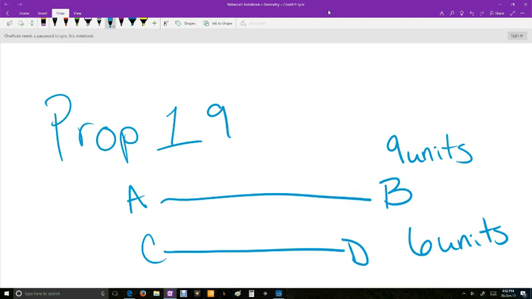If we take from CD a section CF that is 2 units long, and we take from AB a section AE, which is 3 units long, CF is still 2/3 of AE. Since CD was 2/3 of AB, and CF was 2/3 of AE, therefore DF is 2/3 of EB. That's what Proposition 19 is saying.